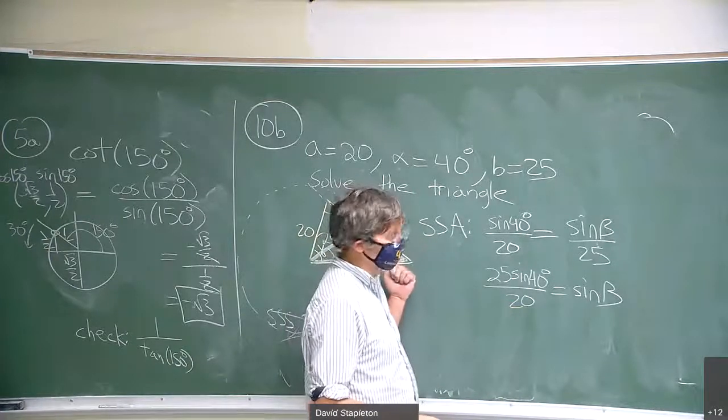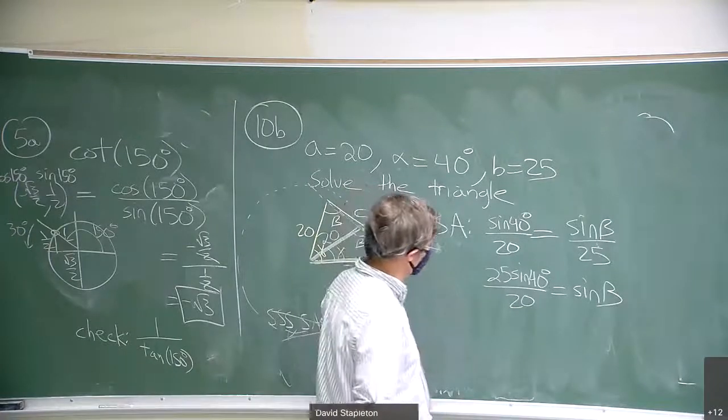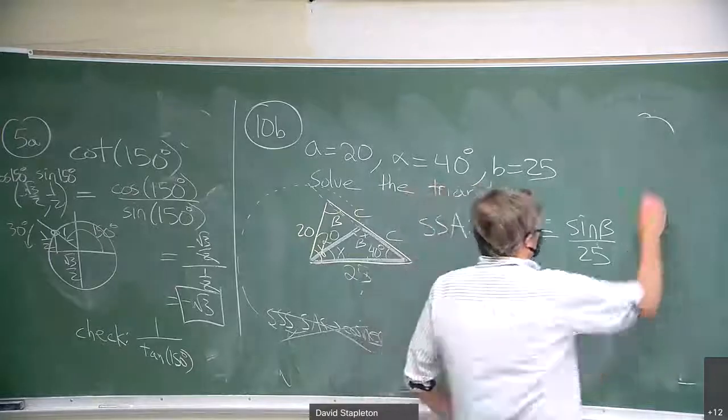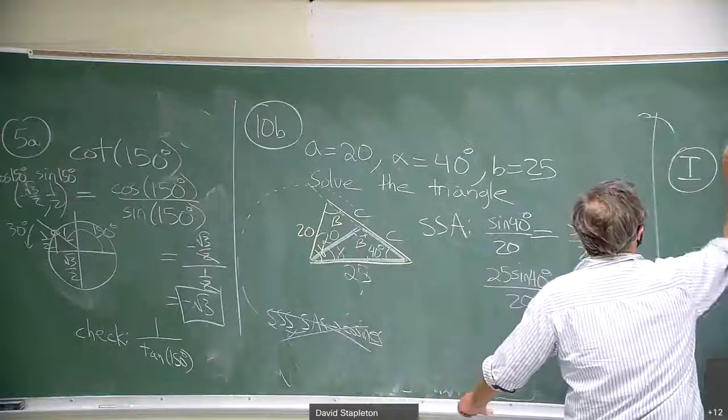Unlike the right triangle where it's always arc sine, for these oblique triangles, sometimes there are 2 solutions, right? Case 1, arc sine is still a possibility.